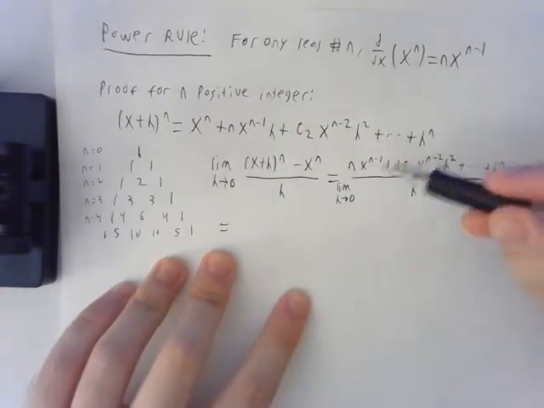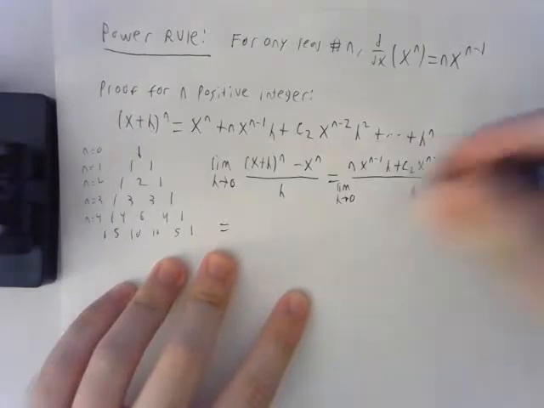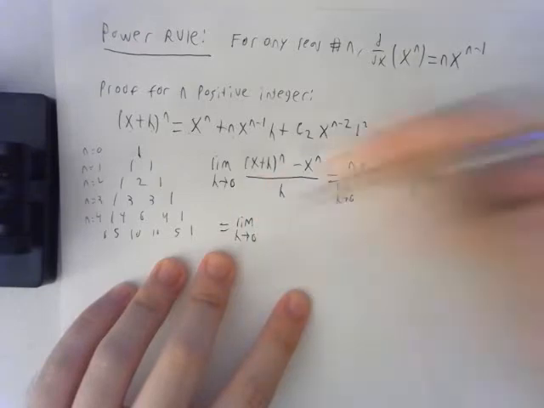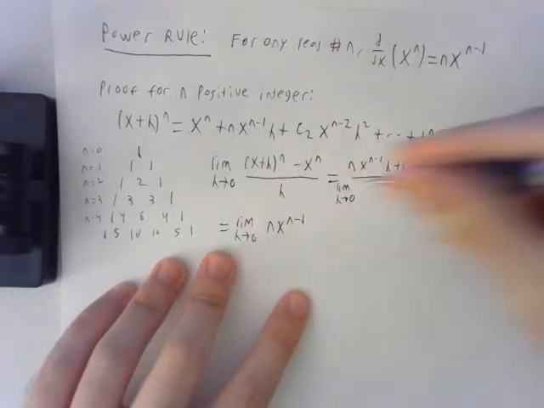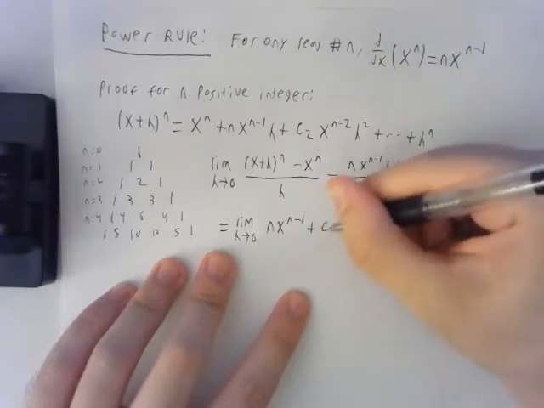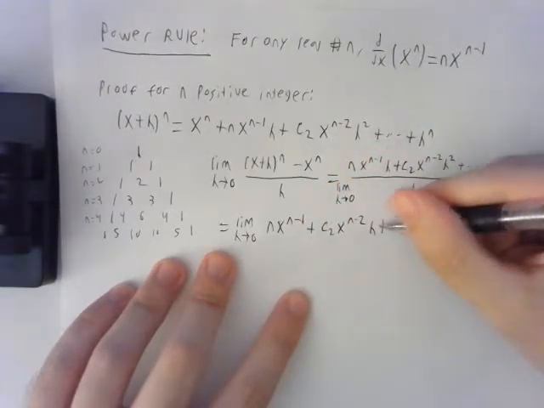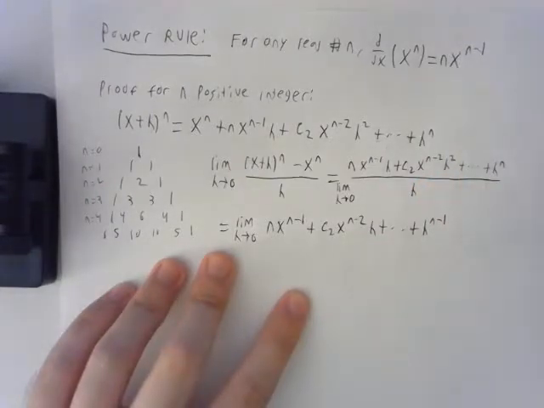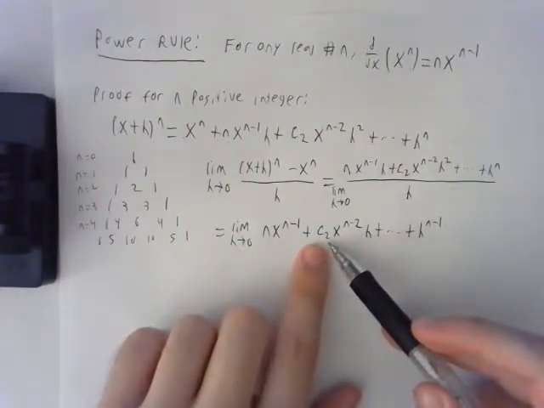Then you'll see that everything here has an h in it, so let's cancel the h from everything. And we'll get the limit as h goes to 0 of n x to the n minus 1 plus c2 x to the n minus 2 times h plus some more terms ending in h to the n minus 1. And the point is that, again, there are some constants here which we could have figured out, but we didn't bother to.